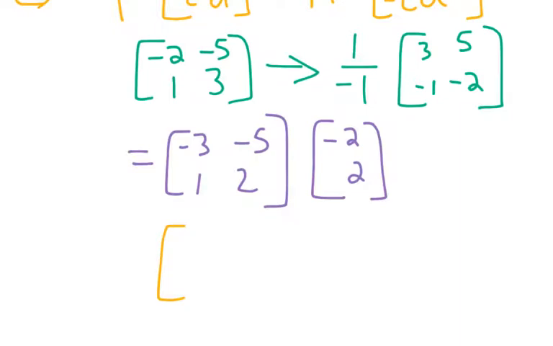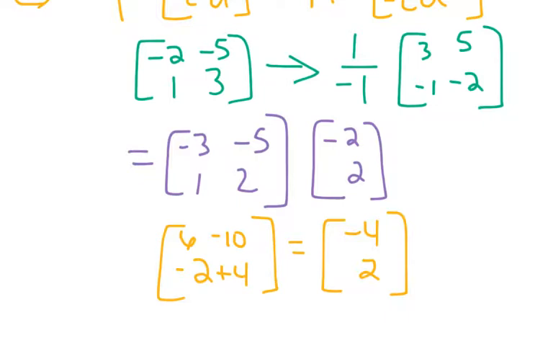Negative 3 times negative 2 is 6, and negative 5 times 2 is negative 10. There's our first number. Now I look at the second row and our first and only column and do the same thing. 1 times negative 2 is negative 2, and 2 times 2 is 4. Simplify all that, and I get negative 4, 2.